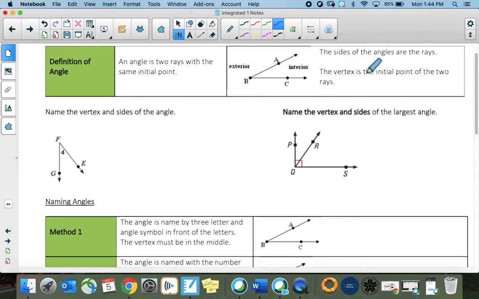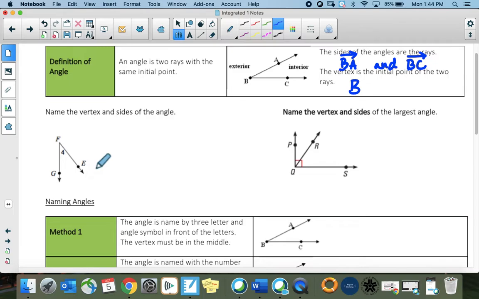The sides of the angle are rays, so the two sides would be BA and BC. To name the sides, you have to use rays. The vertex is a point, your initial point, so your vertex is B. Remember, to name points, we just use a capital letter.